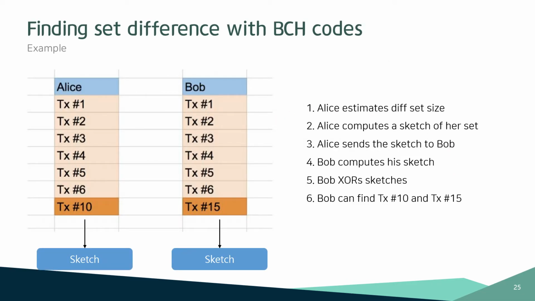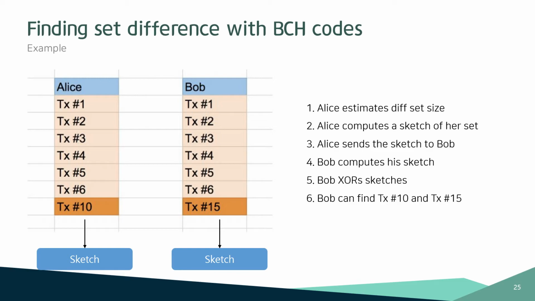Then we need a way to find and send the difference between sets efficiently without sending the entire transaction list. Here is an example of finding the set difference with PinSketch codes. It sends a sketch, not the entire transaction list.